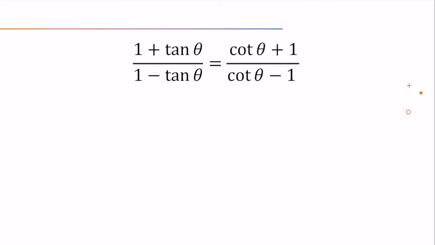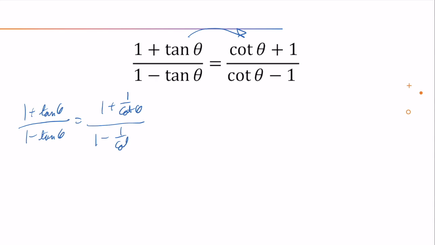The next example from our quiz today was 1 plus tan theta over 1 minus tan theta. And I want to rewrite my tangents as a cotangent. If I'm trying to get to cotangent, that's going to be like our first step, and it makes life easier to do it this way. So if I have 1 plus tan theta over 1 minus tan theta, that equals 1 plus 1 over cotangent theta over 1 minus 1 over cotangent theta.